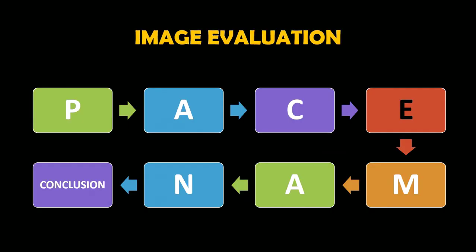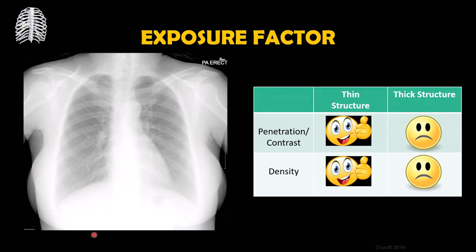Now, we will continue with evaluation of E, which is exposure factor. For contrast and penetration of PA chest, the thin structure, which is the vascular lung markings, can be seen, whereas the thick structure, which is the posterior ribs and the vertebral bodies behind the heart, cannot be seen. This indicates that the kVp is insufficient for penetration and contrast.